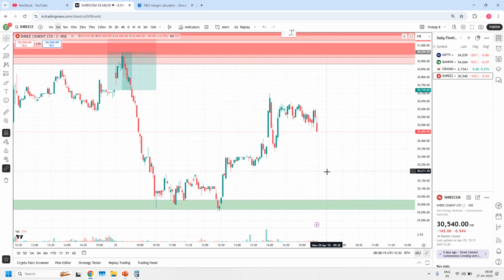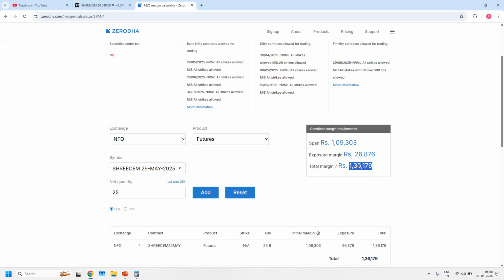When prices are going down, the margin value reduces. Approximately, by the time price reaches here, some 200 or 300 rupees additional margin will be added. So I am saying it could be 1,36,500 rupees. Maybe 50 or 100 rupees difference will be there with my assumption, but that is okay. That won't make any huge impact in our calculations.